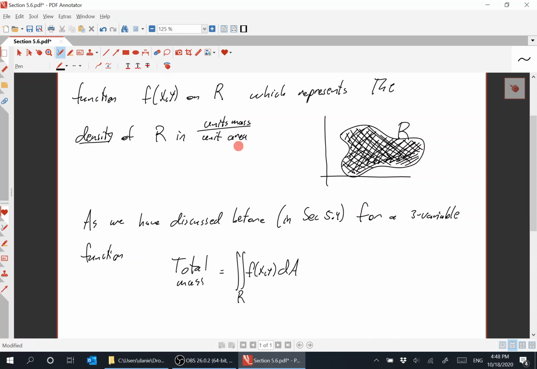You have a density function in 2 dimensions, unit mass per unit area, or in 3 dimensions, unit mass per unit volume, or in 1 dimension, unit mass per unit length, like some sort of rod with variable density. We did it as a 3-dimensional example, but it's the same with 2. The total mass is just the double integral of the 2-variable function, or it would have been the triple integral of the 3-variable function.